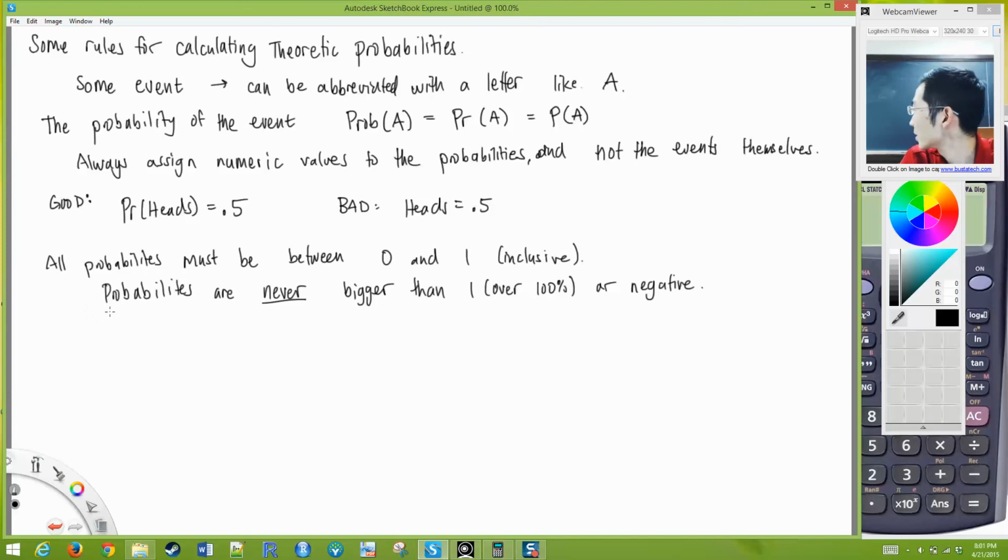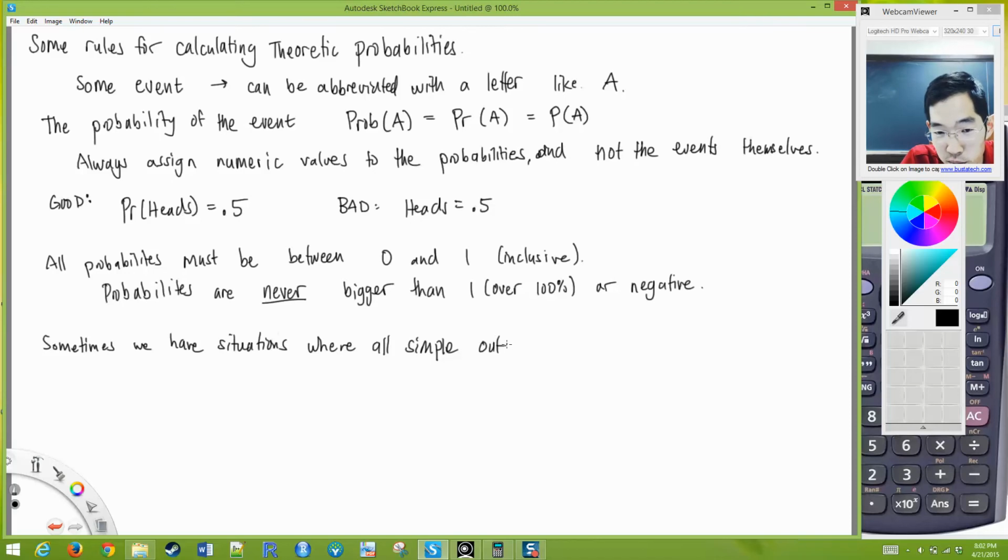All right, so probabilities must be between 0 and 1. Probabilities are never bigger than 1, and they're never negative. Okay, so sometimes we have situations where all simple outcomes have equal probability, okay?